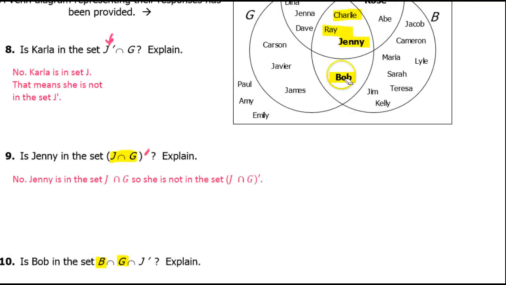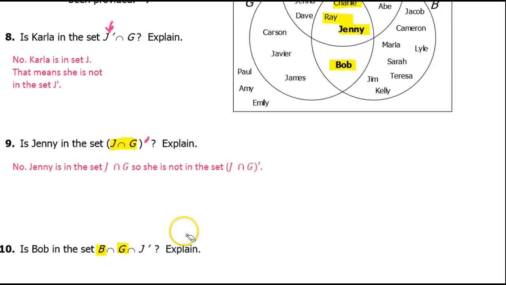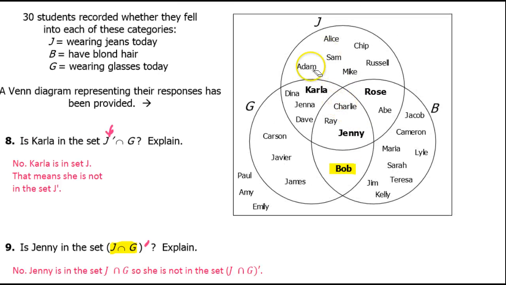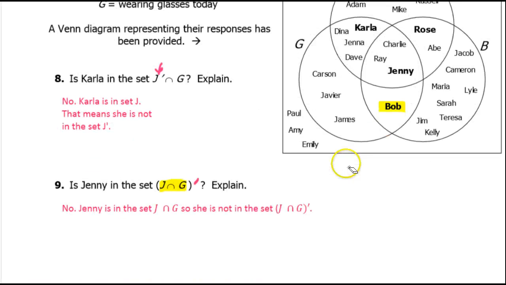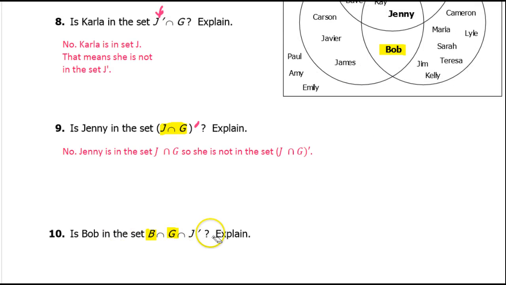So that means Bob should be highlighted, all right, because Bob is not J, and that's to be included. But that means I have to erase these three because they are inside of J, and we're looking for not J. So Bob is the only person that fits all three of these. So is Bob in the set? Yes. Bob is the only person in the set.